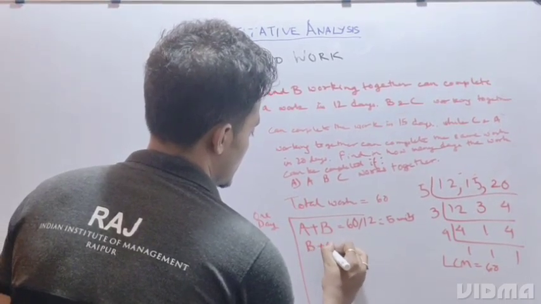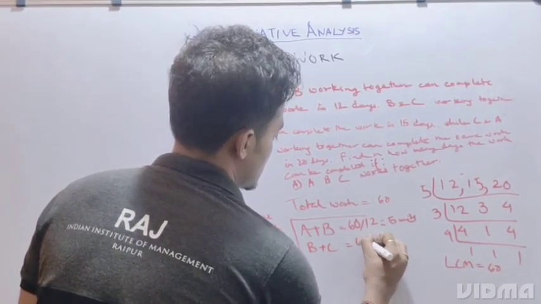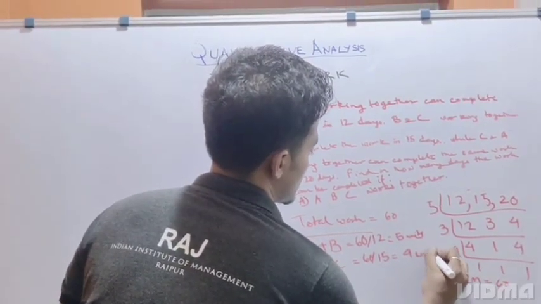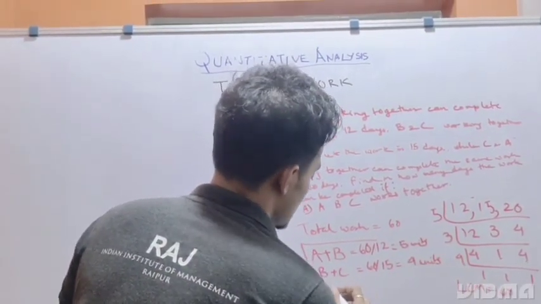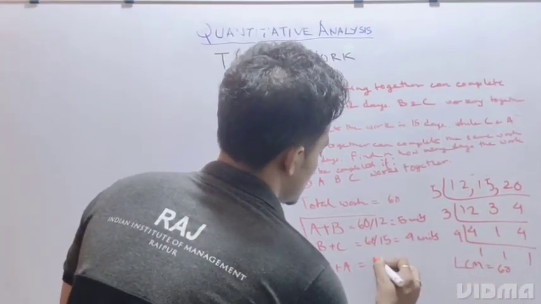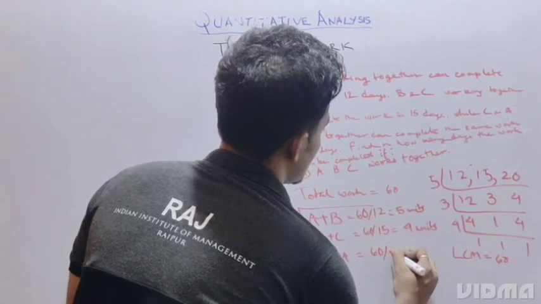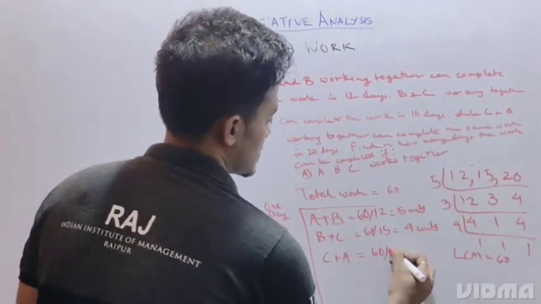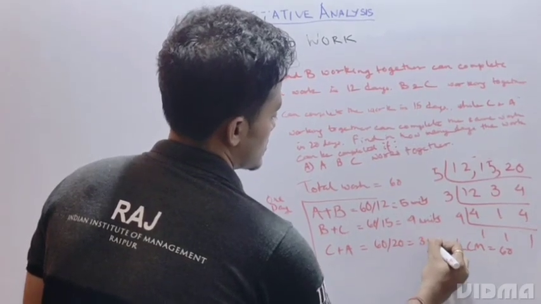B plus C will give us 60 by 15, that is 4 units. And finally C plus A will give us 60 divided by 20, that is equal to 3 units.